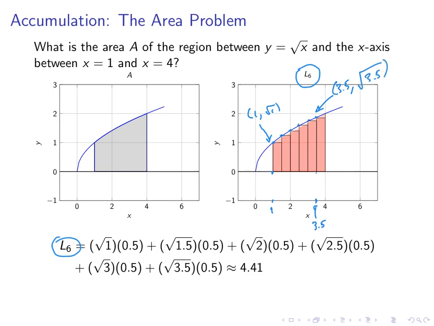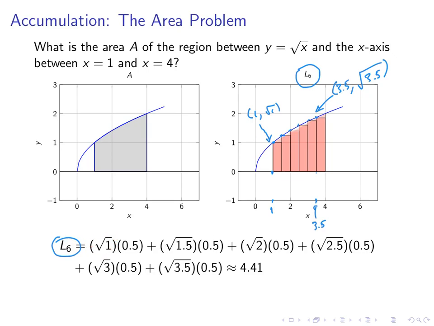To find my y-coordinate, I'm always just plugging my x-coordinate into this formula. So all of the heights of the rectangles in between can be found by using the square root of the corresponding x-coordinate.